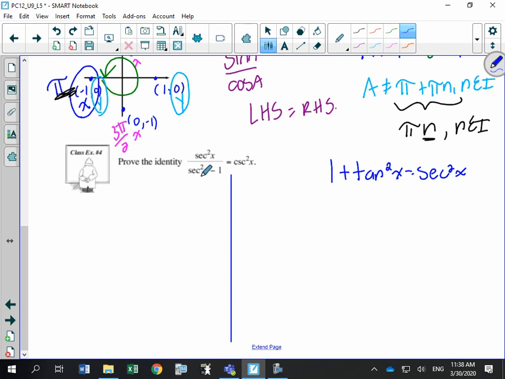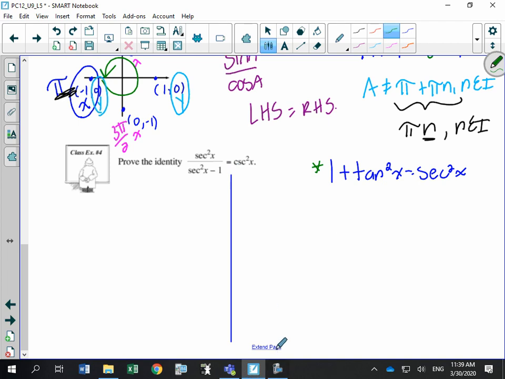Okay, so for this here, what I'm going to do is change this into 1 over cos squared of x, but this here, I'm going to change to an identity. So secant squared of x minus 1. I need you to look here and say, how can I rewrite this in order to get secant squared of x minus 1?